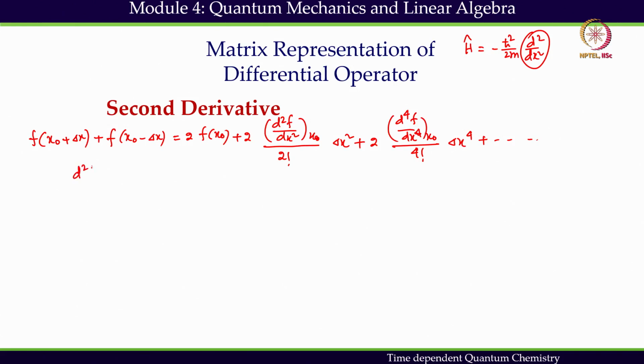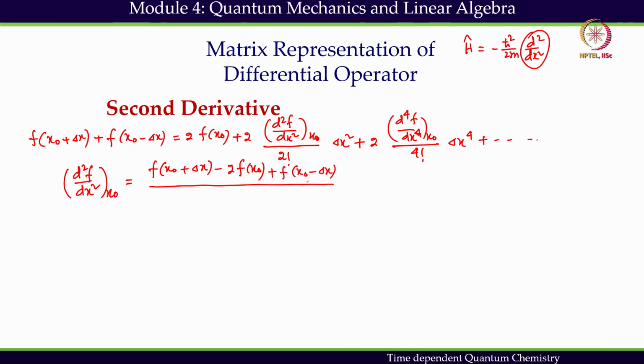second derivative. So, the second derivative d2f/dx2 at x equals x naught is going to be f of x naught plus delta x minus 2 f of x naught plus f of x naught minus delta x divided by delta x square, plus the remaining part, which depends on the fourth derivative term with delta x to the power 4, but I have to divide delta x to the power 4 by delta x square.